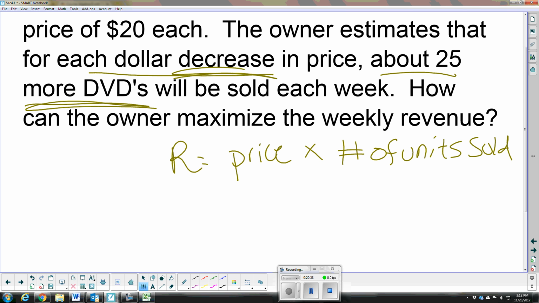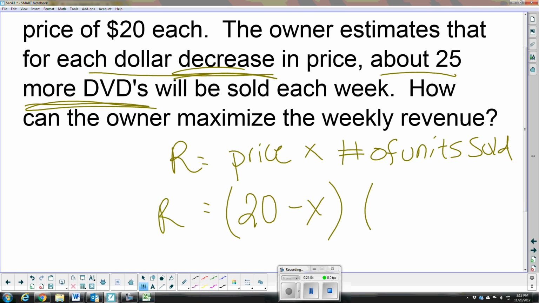So our price is $20. That's what we're starting at. But we're going to decrease our price X dollars. We don't know how much we're going to decrease yet, but our price is going to be starting at 20, and then X is the number of dollars we decrease.